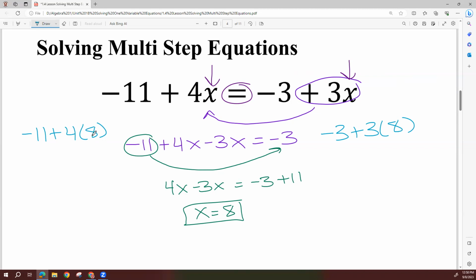So 4 times 8 is 32, plus negative 11 is 21. And 3 times 8 is 24, plus negative 3 is 21. And so since both sides equal the same thing when we plug in 8 for x, that means that 8 is our correct solution. It's made both sides of the equation equal.